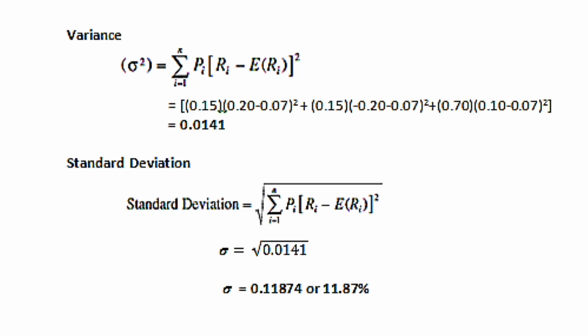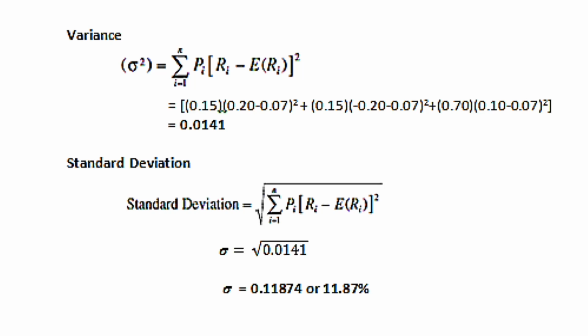Note that the numbers that appear on this slide are the numbers that we had used earlier in the example when we computed for expected return on an investment considering three economic conditions: 0.15 and 0.20, 0.15 and negative 0.20, 0.70 and 0.10 all came from the data given on that slide, and 0.07 is our expected return for an investment, giving us now a variance equivalent to 0.0141.